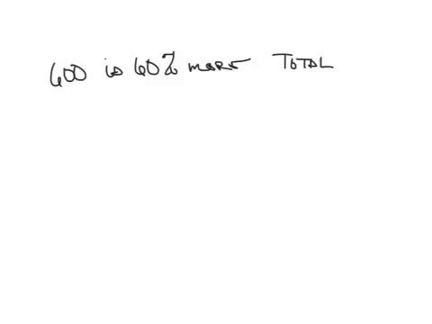So what we're going to do is write this as 600 is 60% more than, let's say, the total, the amount they hid last month. Okay? So is means equals. 60% is 0.60 more than the total.